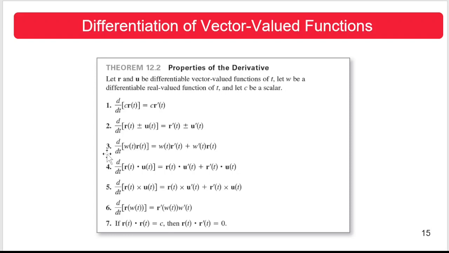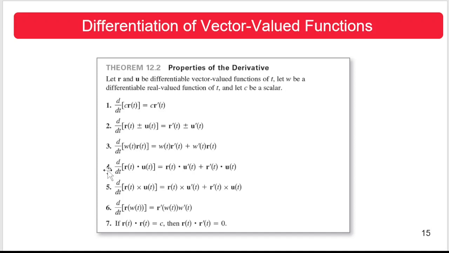Okay, number three, the derivative with respect to t of the product of w of t and r of t is the first function w of t times the derivative r prime of t, plus the derivative w prime of t times r of t. So you have to use the product formula: first times the derivative of the second plus the second times the derivative of the first.